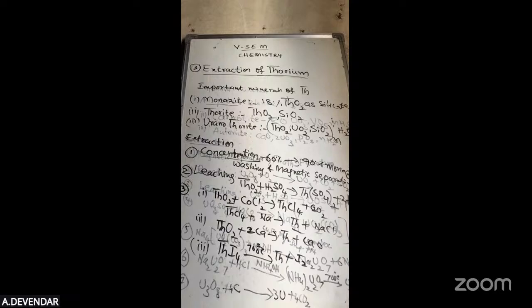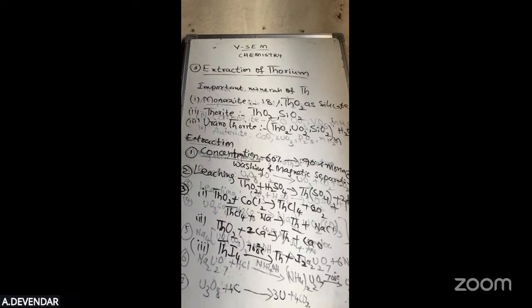See, heterocyclic compounds are those cyclic compounds which contain, besides carbon and hydrogen, one or more heteroatoms such as nitrogen, oxygen or sulfur. Those are called heterocyclic compounds.